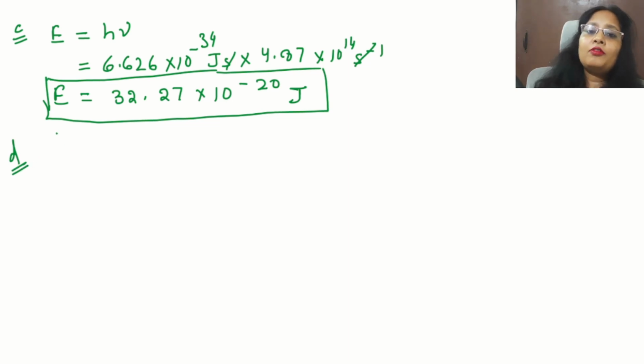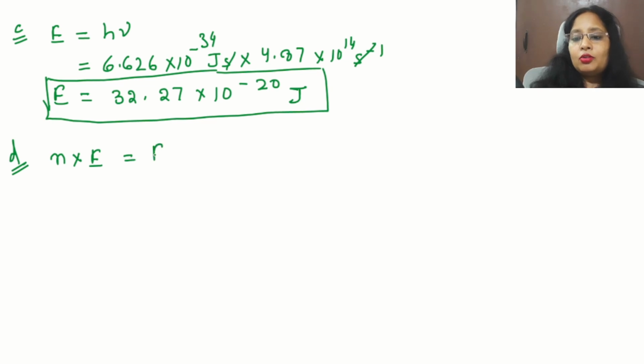Total number of photons or total number of quanta. So we know that this energy is for one photon, so if we multiply n number of photons by the energy of one photon, we will get the total energy. This is called total energy.